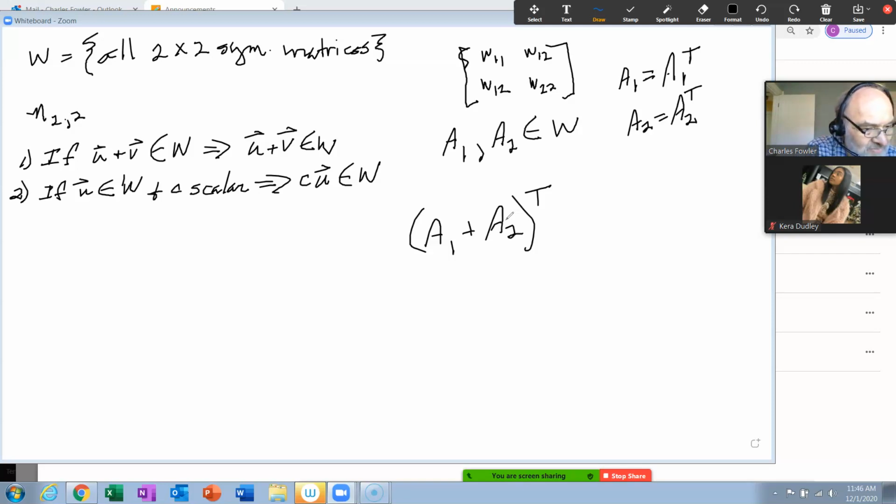It was back in chapter 2, my memory says, when we first brought up the concept of transpose of matrices. Goodness gracious, it's way back there.